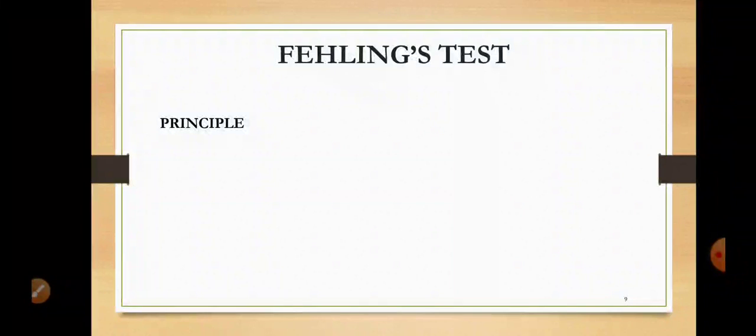Then one more advantage is, since sodium carbonate is a very weak base, the destruction of the carbohydrate does not take place when you are using it in the preparation of the solution. That will not cause any problem. Then it is a semi-quantitative test also. This you should keep in mind. It is not only a qualitative test, it is a semi-quantitative test.